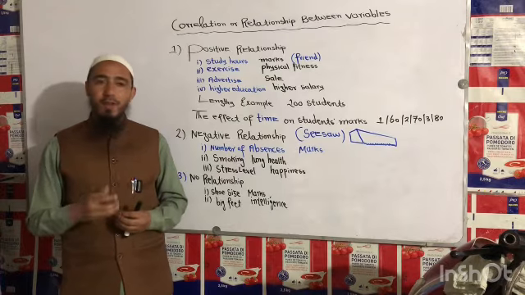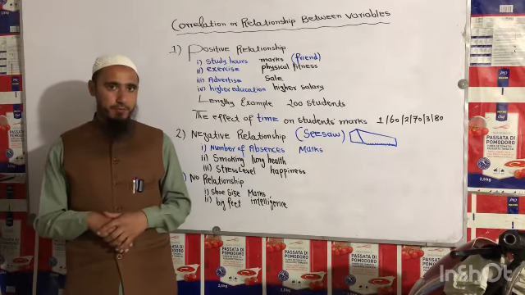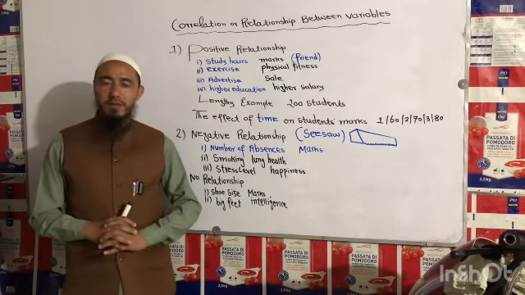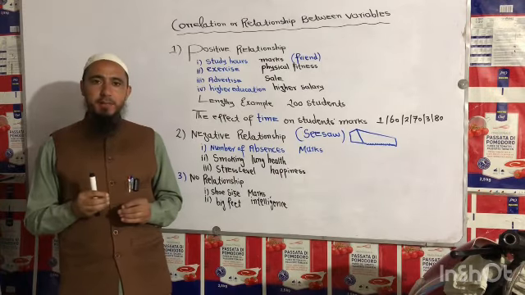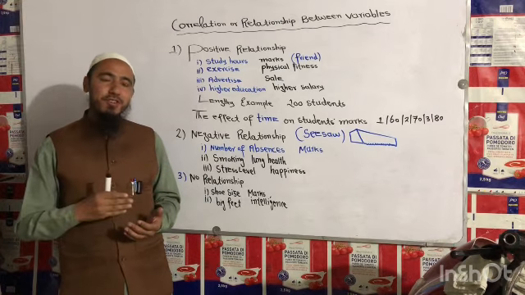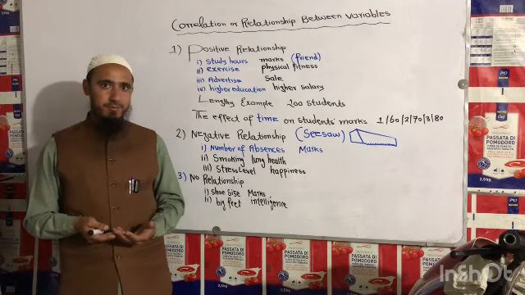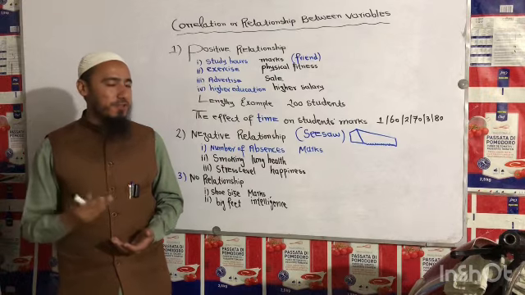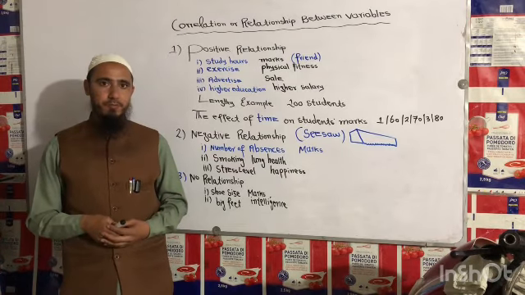The question is, what is meant by a relationship between variables? It means that in research, sometimes there is a connection, a relationship between two factors. Sometimes that relationship is positive or negative.